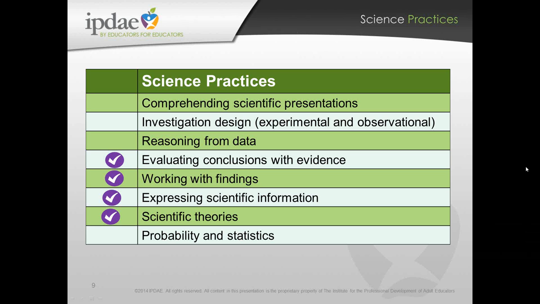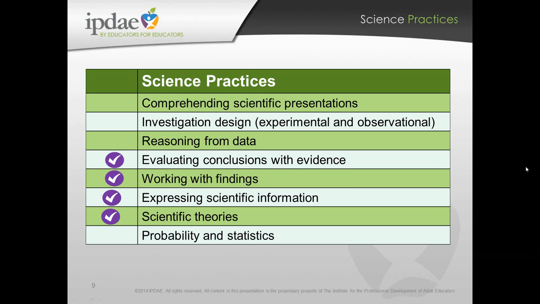So again, we have to focus on these practices, because we can't just figure out, well, it's going to be this question and this topic and this content. What we have to do is really look at those overarching practices to see how things go.